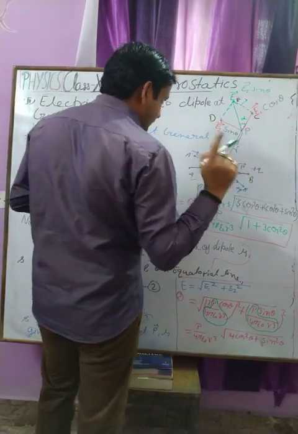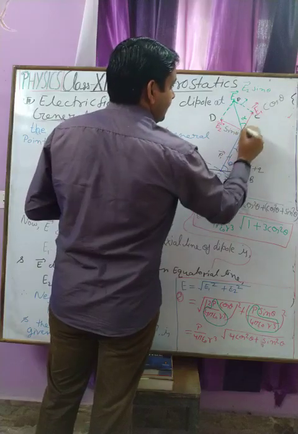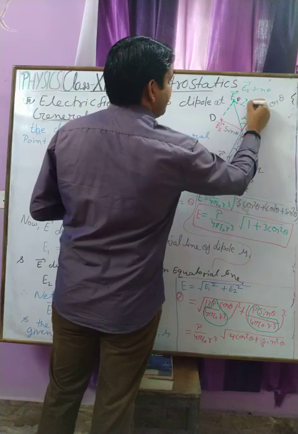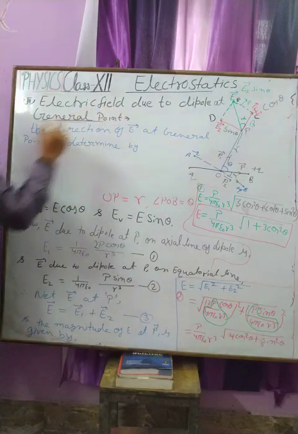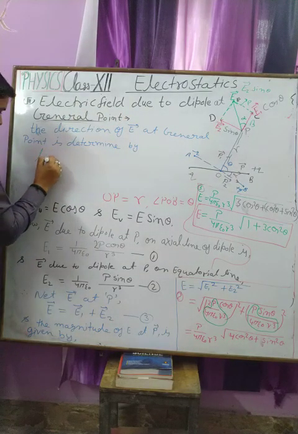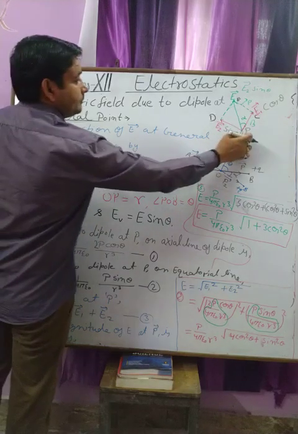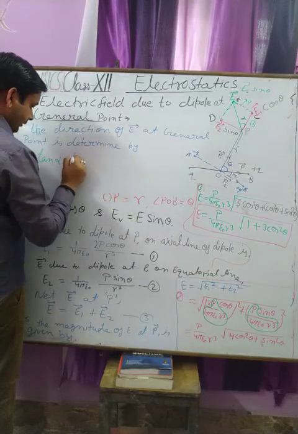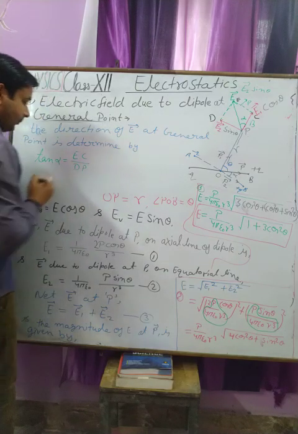Okay student, now we are using here the trigonometric ratio tan, because this is base and this is perpendicular. So tan alpha is equal to EC upon DP.